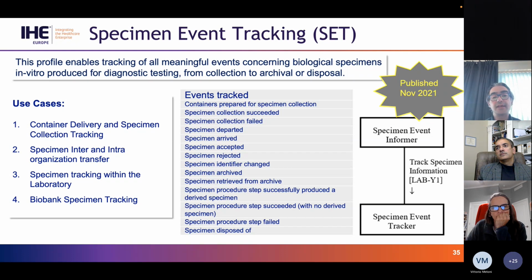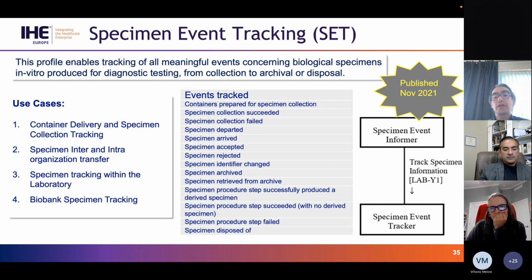And this came to the definition of a set of new HL7 version 2 messages that are currently under ballot to define and to codify in HL7 all these kinds of events. You will find all the references of all the metadata for each kind of event, and also the related HL7 message in the profile definition.